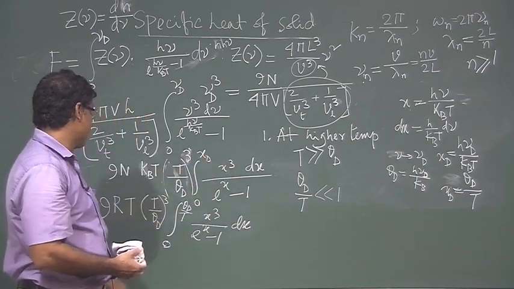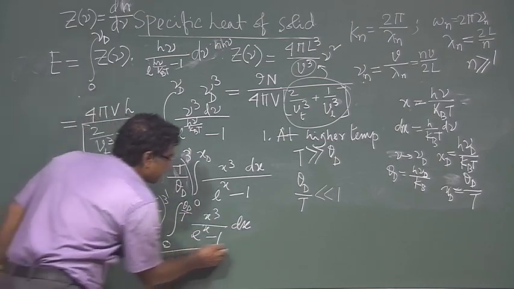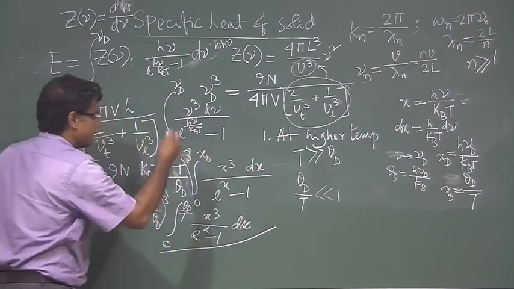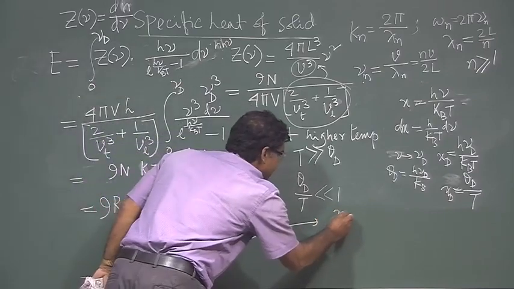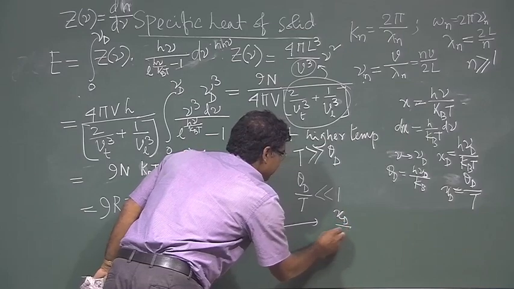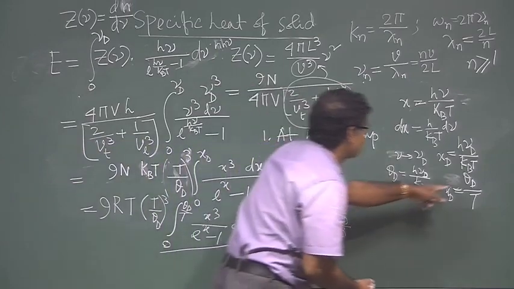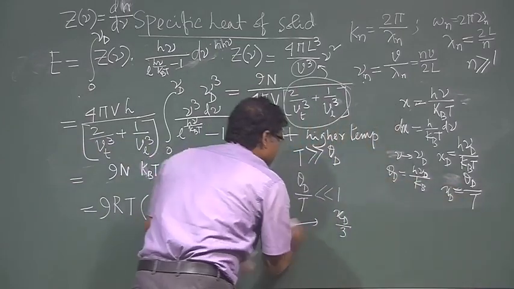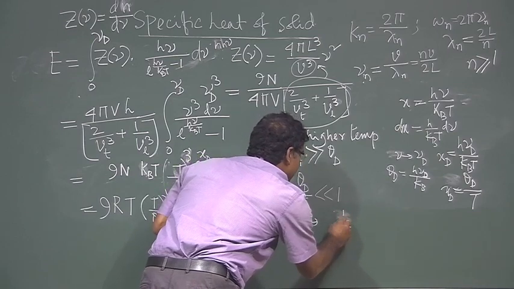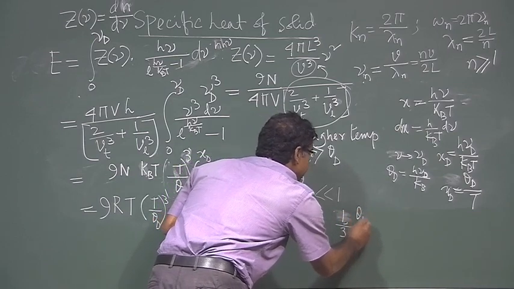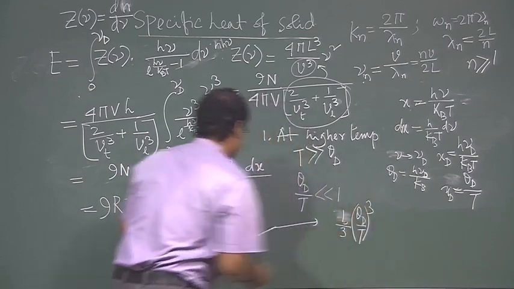So, this integration part will give me x d cube by 3. Okay. So, what is x d? x d is nothing but theta d by t, so it is 1 by 3 theta d by t whole cube, right.